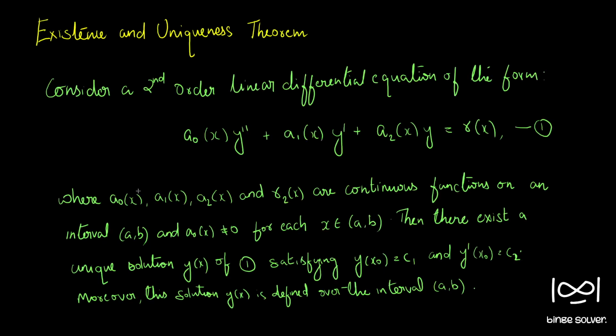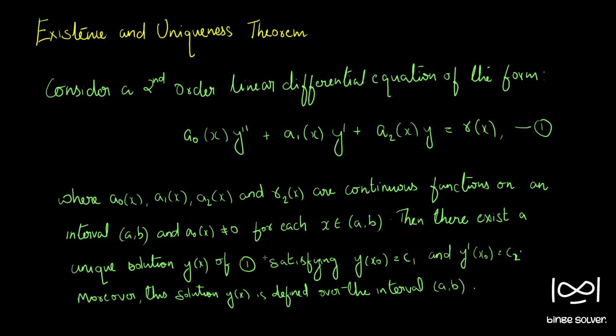If we see the uniqueness theorem, it says for a second order linear differential equation, a0 of x y double dash plus a1 of x y dash plus a2 of x y equal to r of x, where a0 of x, a1 of x, a2 of x and r of x are continuous functions on a given interval a to b, and a0 of x is not equal to 0 for each x element of a b, then the uniqueness theorem states there exists a solution y of x satisfying some initial values, y of x0 is equal to c1 and y dash x0 is equal to c2, and the solution is defined over interval a to b.